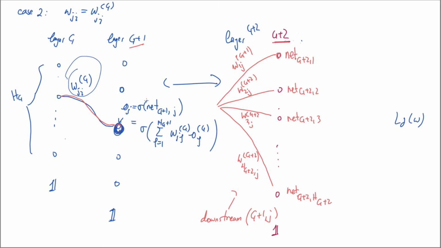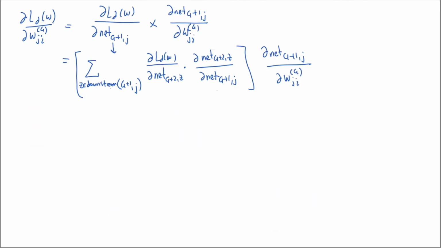We take the sigmoid of it, then we pass it to all the future nets in the downstream, right? So what I can do is use the chain rule to sum over all the values in the downstream and compute the sensitivity of the loss with respect to those nets times the sensitivity of those nets to the net we're interested in, right? So this is just chain rule again, except I'm doing it over all the elements in the downstream.